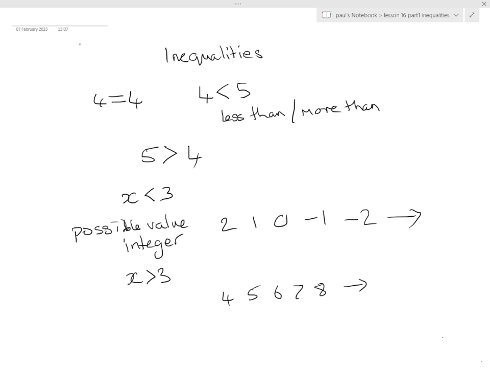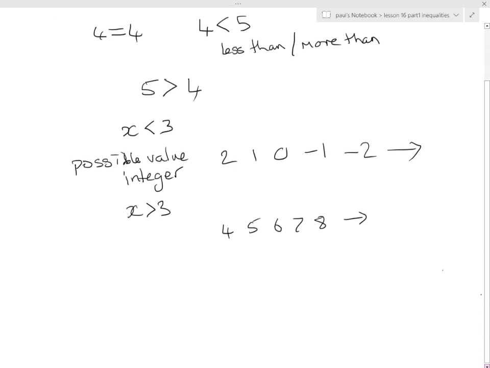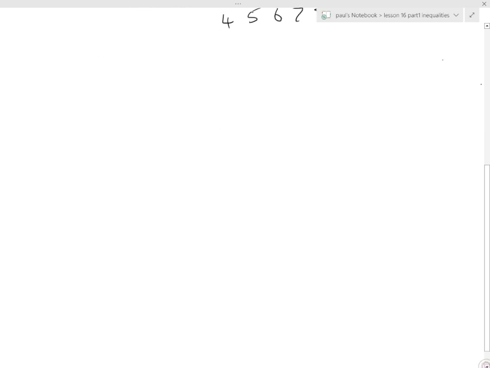Good stuff. Now, there's another sign to get hold of, and this is the more than or equals to.